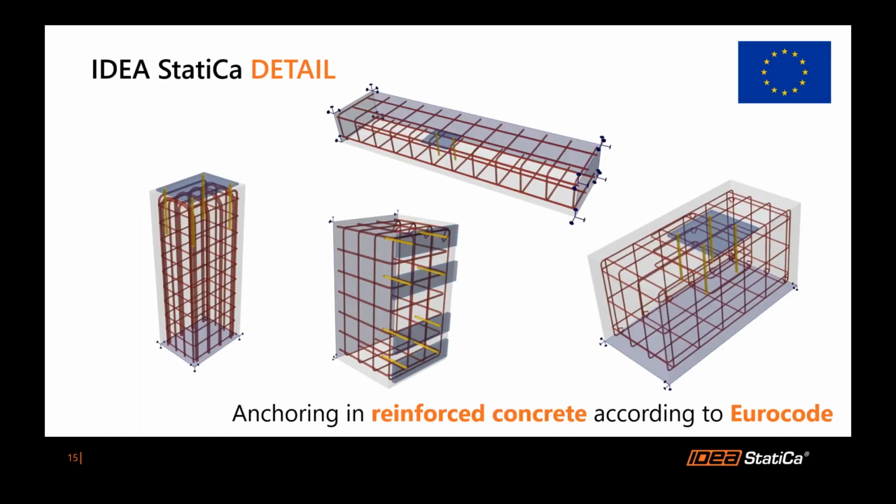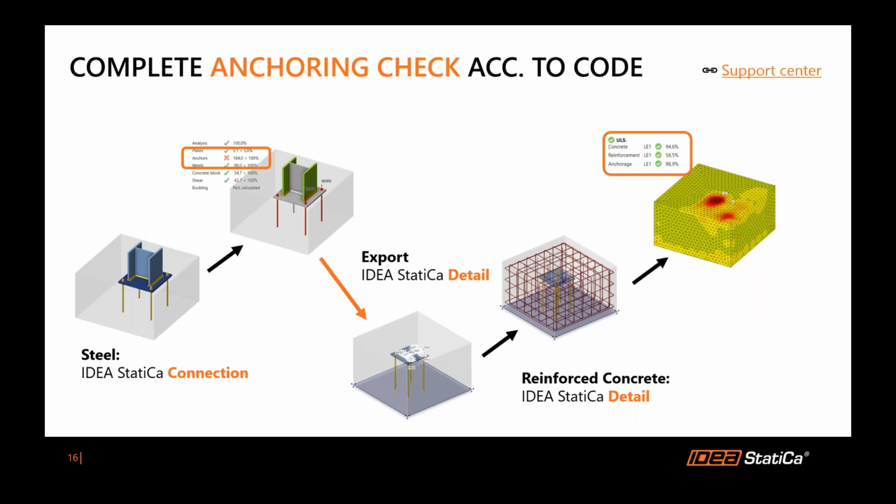That's why the 3D model type was developed for the detail application, and when dealing with anchoring, the reinforcement is taken into account, elevating your design. So how does it work? You start in StatiCa connection, design your anchoring, analyze it, and you are faced with the failure of the anchors.